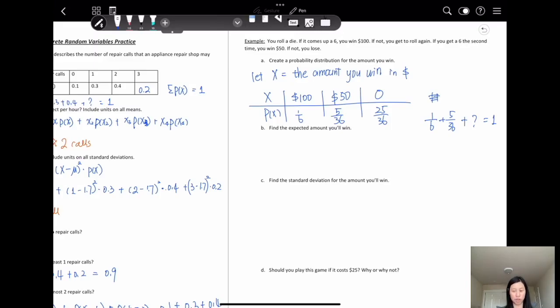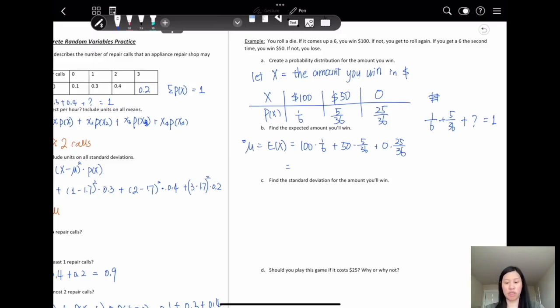Okay, find the expected amount that you will win. Again, we're going to use our spreadsheet. Okay, so expected value, how to calculate expected value? Expected value is mu equals to 100 times 1/6 plus 50 times 5/36 plus 0 times 25/36.